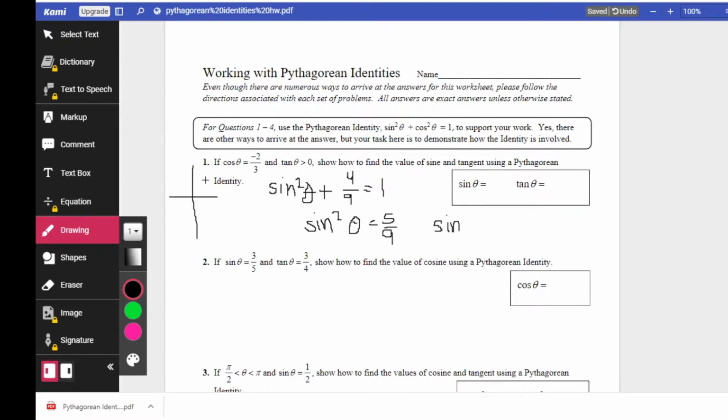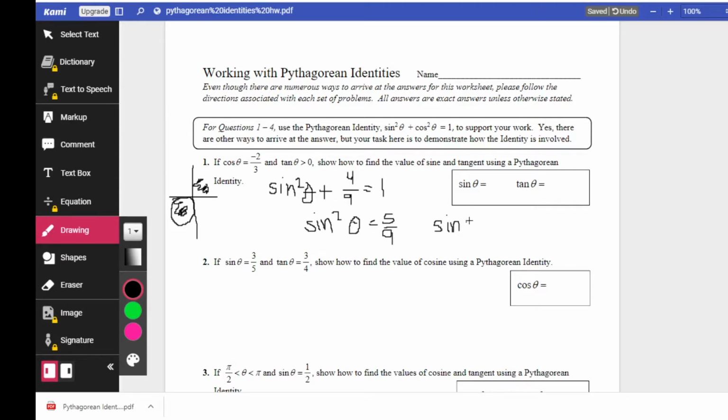Right? So tangent is only going to be positive here or here. Now, we already know that cosine was -2/3. And cosine is only negative here and here. That means we must be living in this quadrant. And in this quadrant, sine is also negative. Okay? So that means even though we've got plus or minus the square root of 5/9, we're actually going to choose the negative of that.